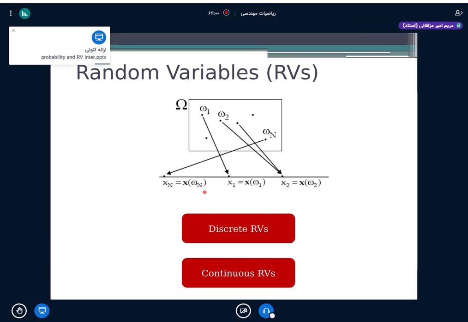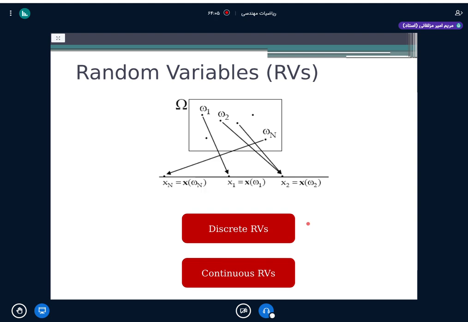It's very important that you pay attention to whether a random variable is discrete or continuous, because the analysis of discrete and continuous random variables are different from each other. Any question?